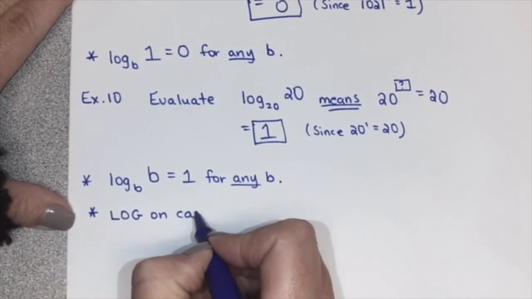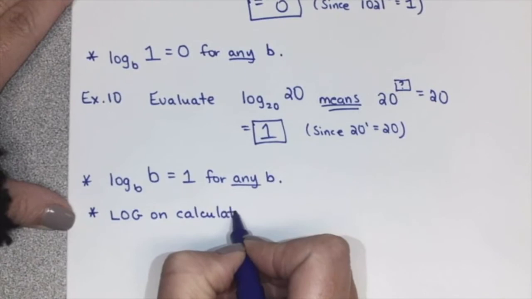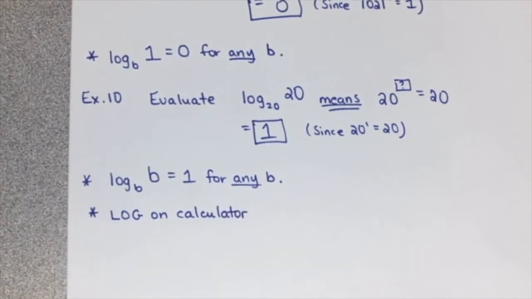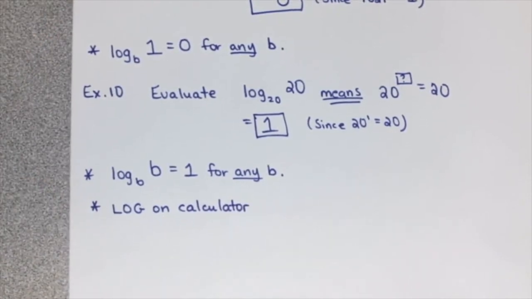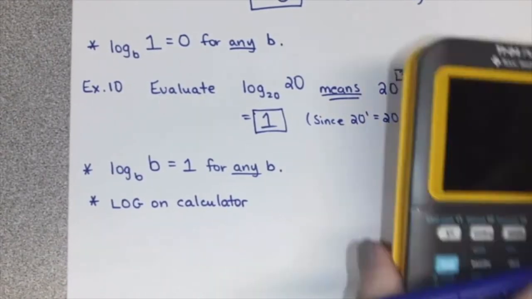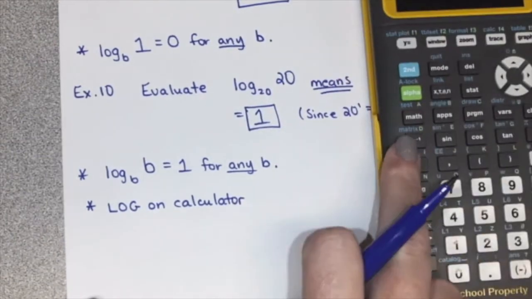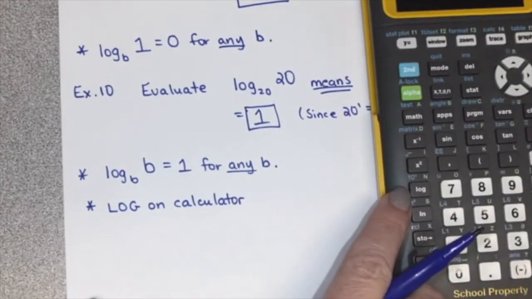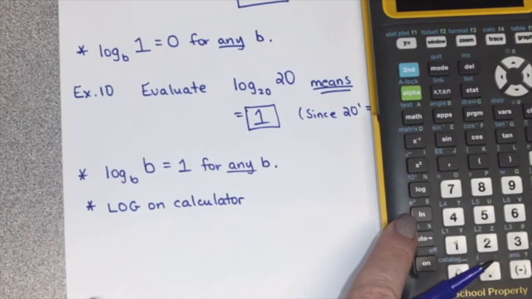Okay, so let's talk about the log that's on your calculator. I don't know if last time any of you tried to use the calculator, but the understood base for the LOG button on your calculator, so if you have a TI, the logarithm keys are on this left column right here, okay? Notice there's one that says LOG and one that says natural log, okay? Those are both logarithms.